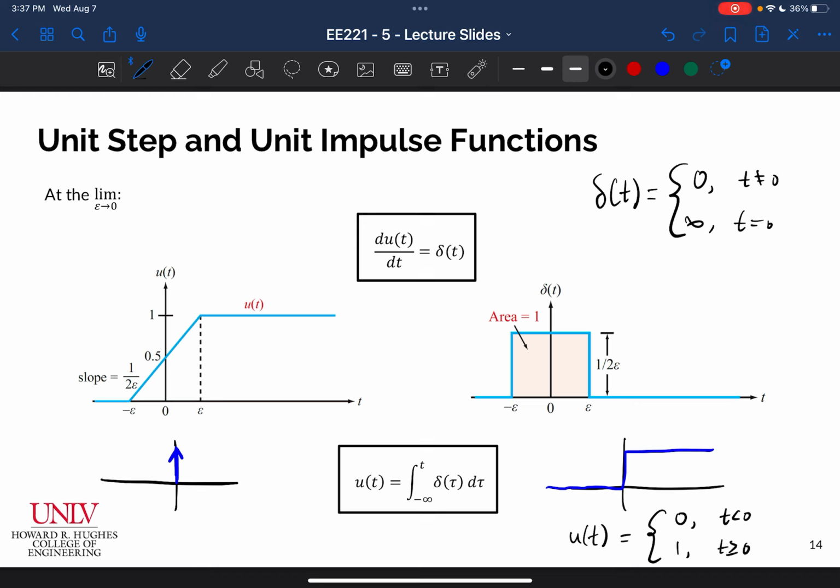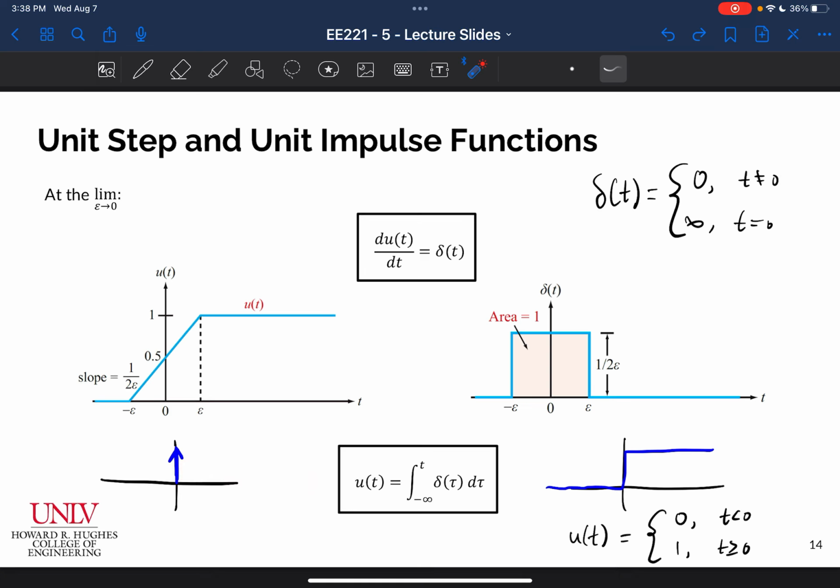And that is the integral of the delta function, because if we look at our integral of our delta function, it's 0 for all time t less than 0, and then for t greater than or equal to 0, the total area jumps up to a value of 1 at this instant in time, and then it's just going to remain 1 for all time after that, because that is the total area under the curve as I continue to integrate, because all of this is 0.